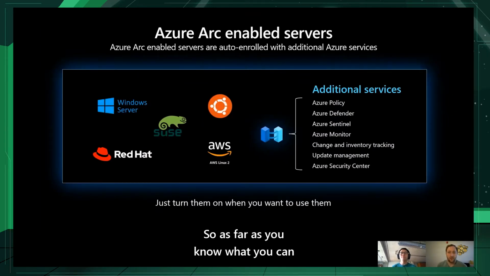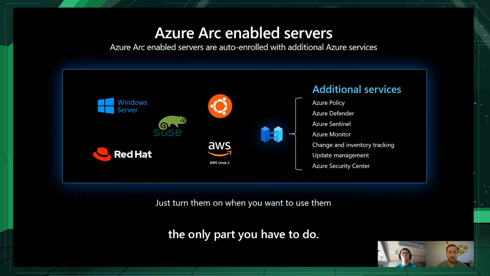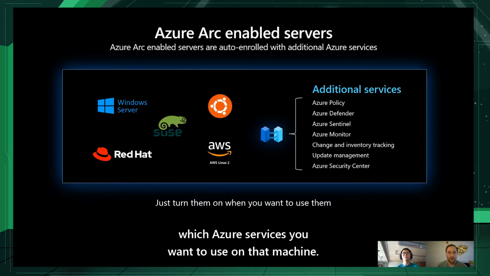So as far as what you can support with Azure Arc, installing our agent is really the only part you have to do. You install the agent, connect it into Azure, and you're good to go. The rest you can manage directly from the cloud. We support SUSE 15. We're soon to support SUSE 12 as well, and of course Windows Server and a variety of other Linux distributions. Once you get Arc installed, you can pick and choose which Azure services you want to use on that machine.